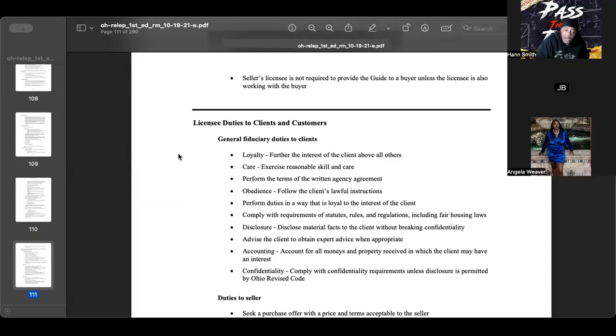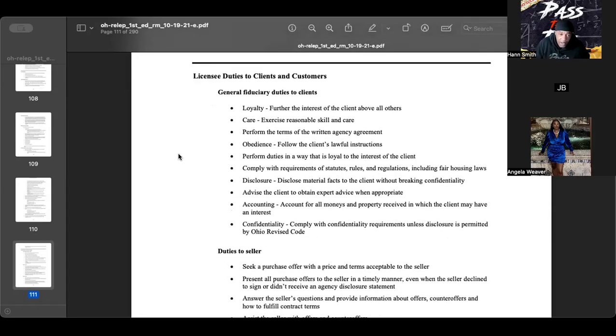That's what that pretty much is saying. Disclosure, disclose material facts to the client without breaking confidentiality. Advise the client to obtain expert advice when appropriate. Accounting, account for all monies and property received in which the client may have interest. Confidentiality, comply with confidentiality requirements unless disclosure is permitted by the Ohio Revised Code. All right.